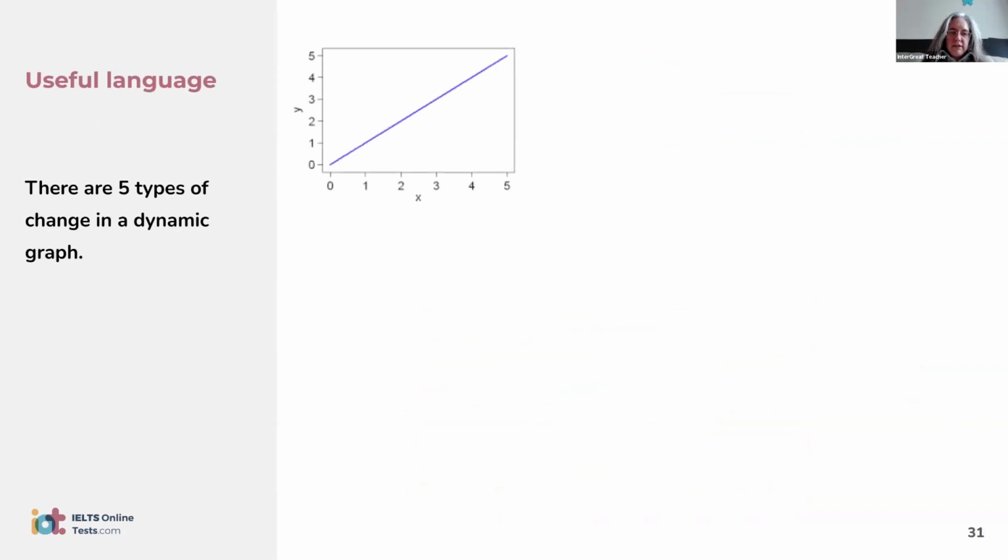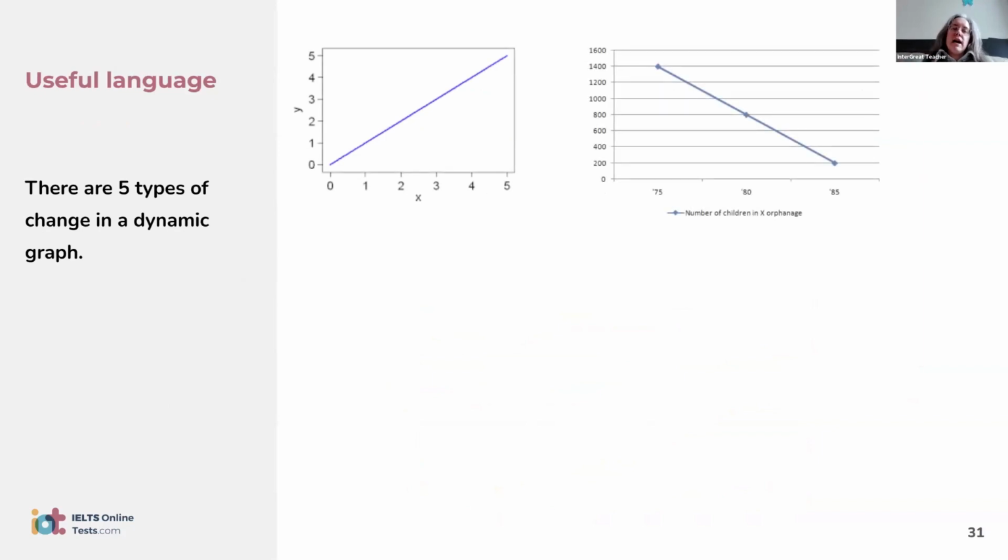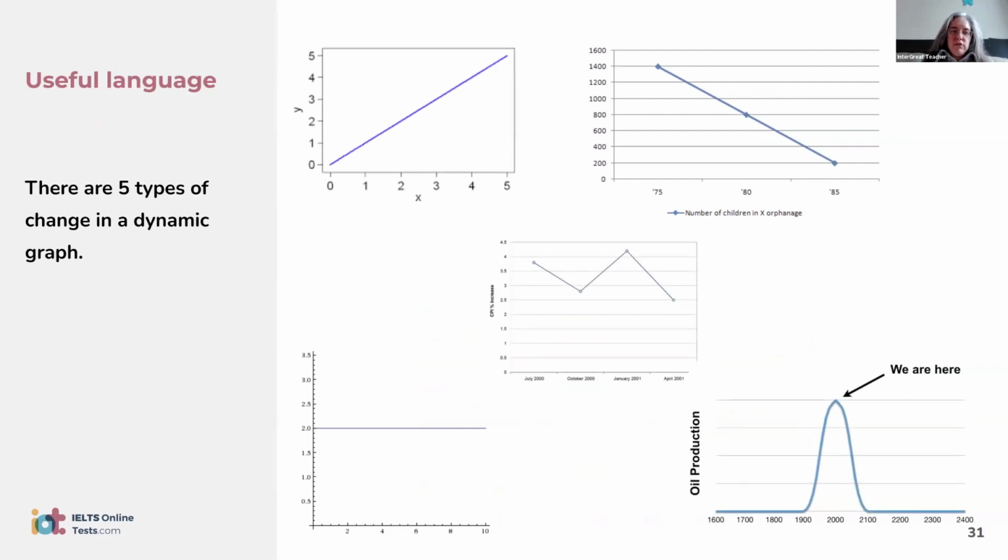Okay, so next we are going to have a look at some language that you can use to write about different types of change that you might see in graphs. So you can see different types of changes that you might need to write about illustrated on these example graphs.